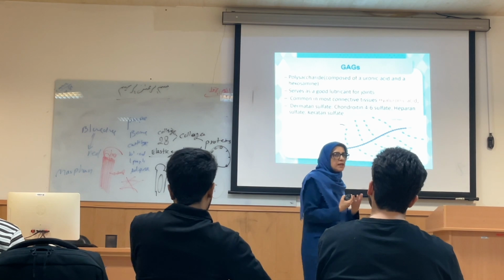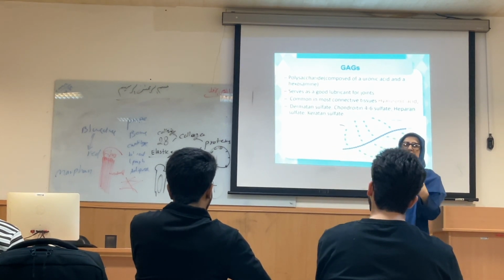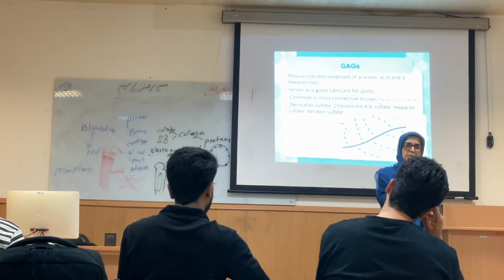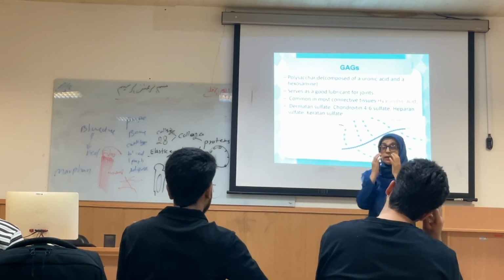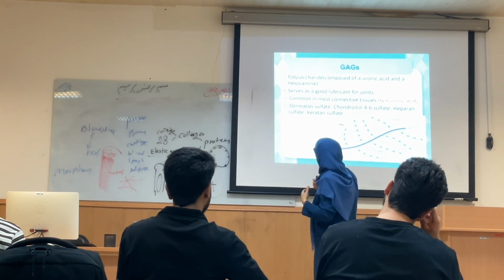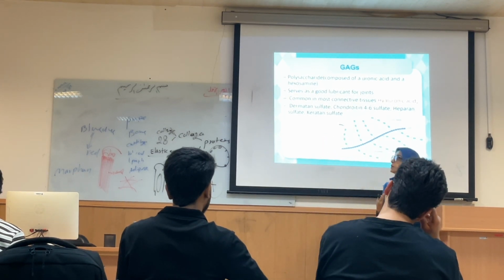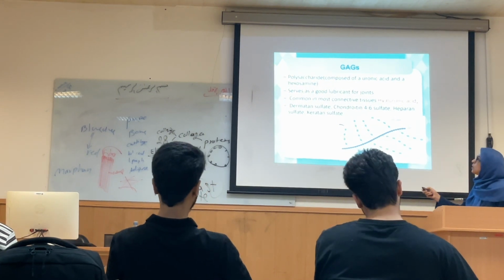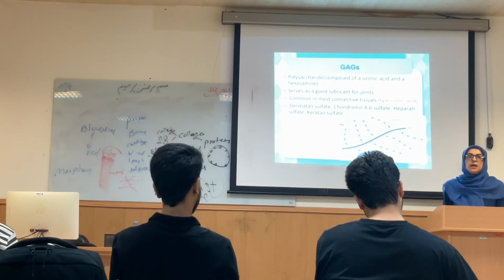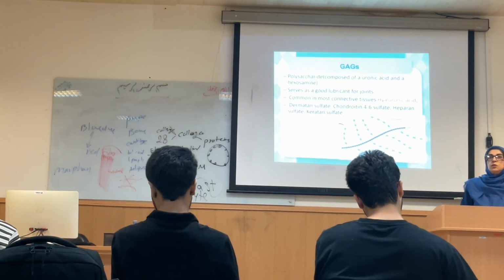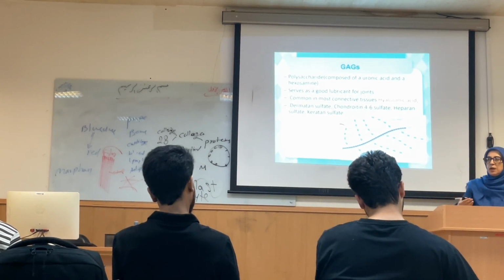Carbohydrate has high affinity to water. They absorb a lot of water. Thus, the parts of the organs of our body that include GAGs also include a lot of water. Because of it, they can act as a good lubricant. They are in cartilage, which includes a lot of GAGs and also a lot of water.